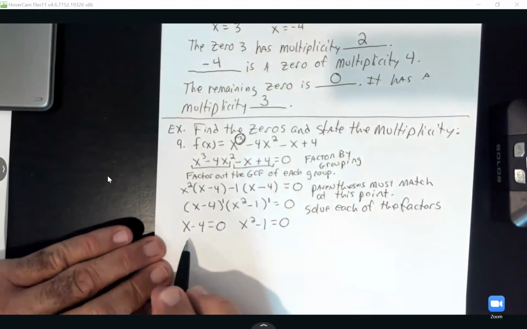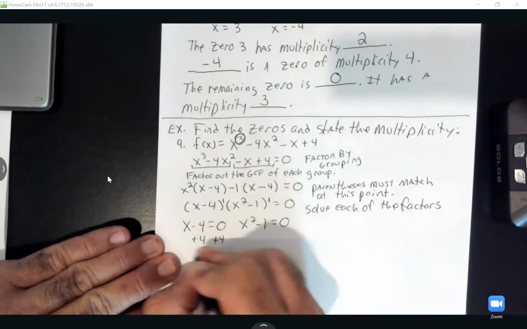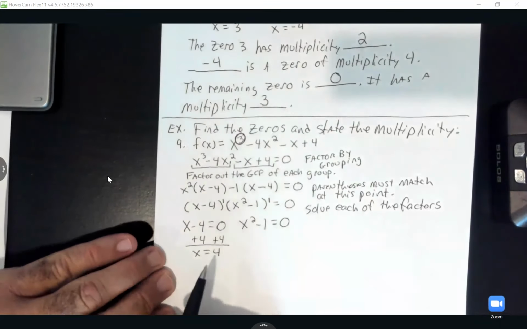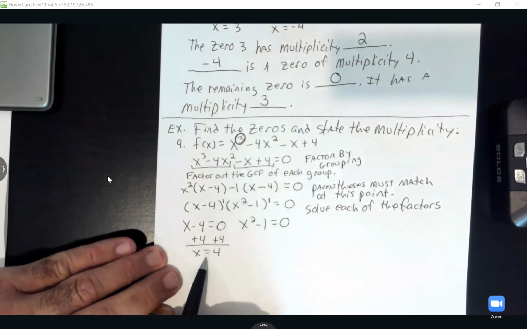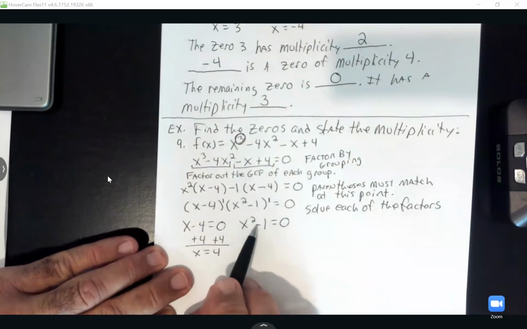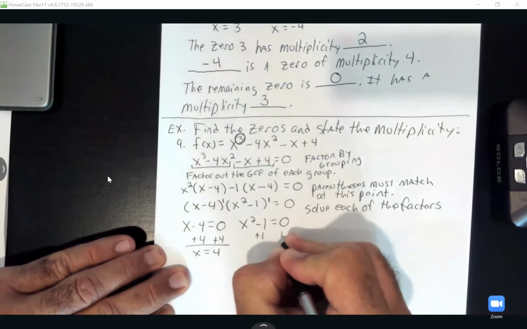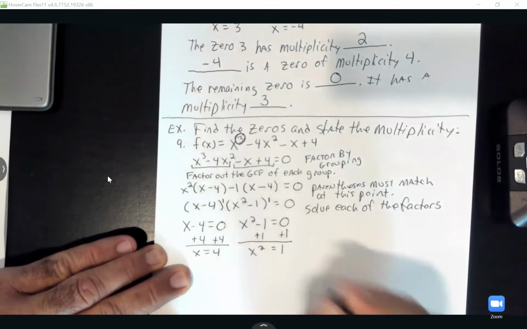All right, so the first one, x minus 4 is 0. To solve it, I'm going to add 4. So my first 0 is a positive 4. Now for this one, since I got an x squared term and a number, I'm going to add the number to both sides. And I get x squared equals 1.